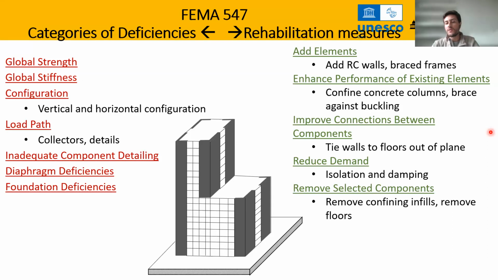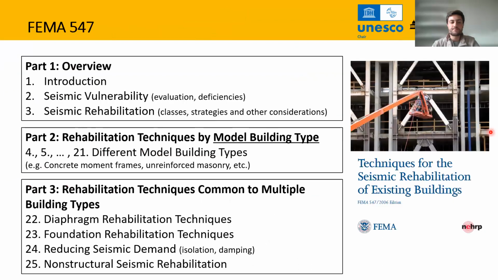For example, if we are talking about these RC3 buildings that have the short column problem, maybe if you remove the infills that are generating the short column, that will help the structure and will avoid early collapses.